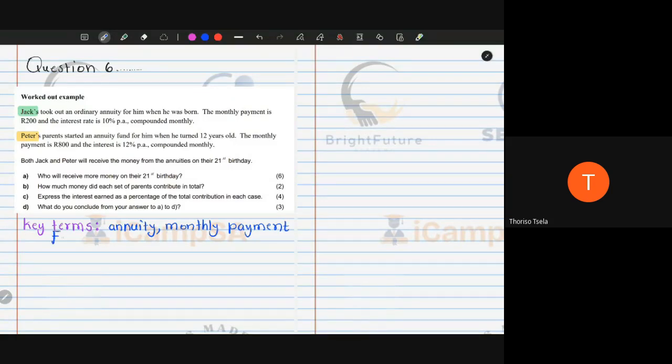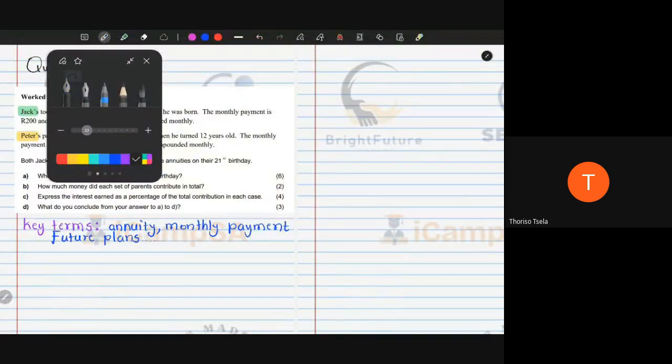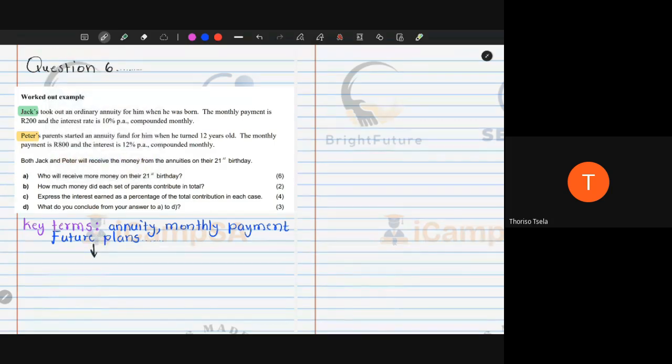Because what they are doing here is future plans for the kids. So reading the problem, I'm not confused of what I should do. It is very clear that we have a future value problem here. The parents want to figure out, when these kids turn 21, how much are we going to have in the bank for them? We want to bless them with something.